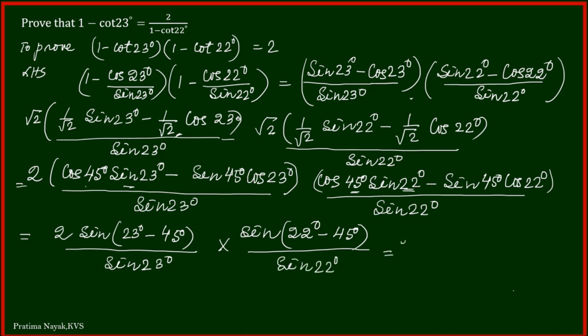So here I'll get twice sin 22 degree over sin 23 degree, and the second one sin 23 degree. Sorry, I made a mistake. It will be minus 22 because negative is bigger here. So sin(minus 22 degree), and here sin(minus 23 degree).